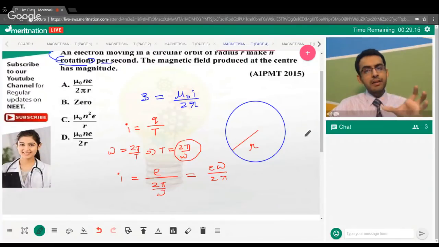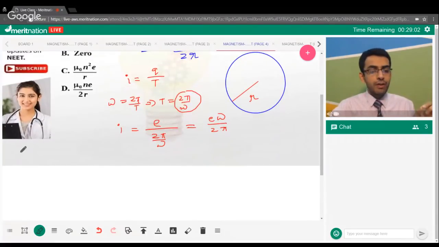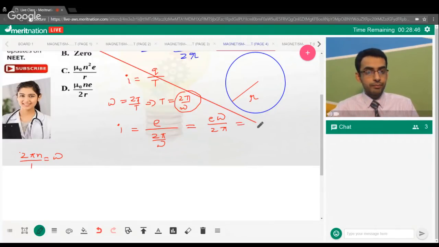So how can we find the value of omega in terms of revolutions per second? In one revolution, the angle covered is 2 pi. In n revolutions, the angle covered will be 2 pi n. So divided by time, this is the value of omega. For this question, 2 pi n is the value of omega. So that's equal to E into 2 pi n divided by 2 pi.